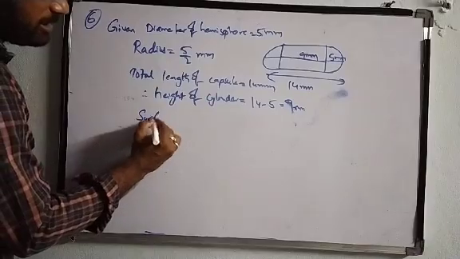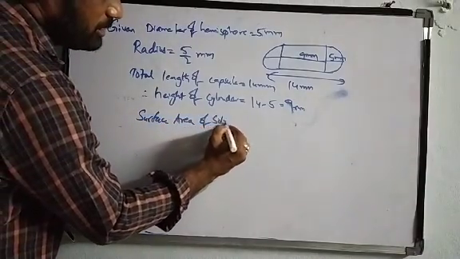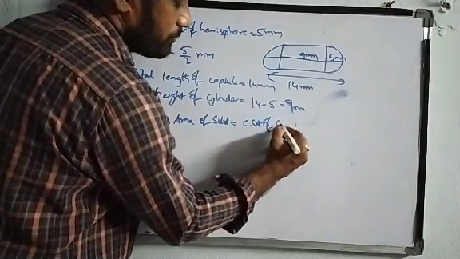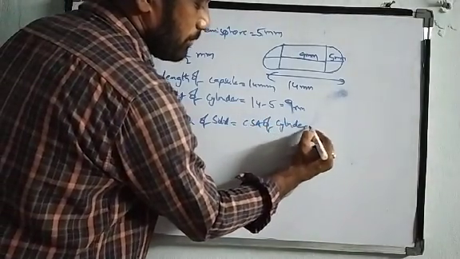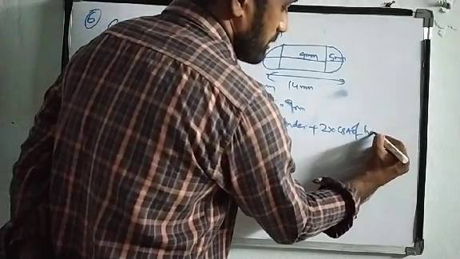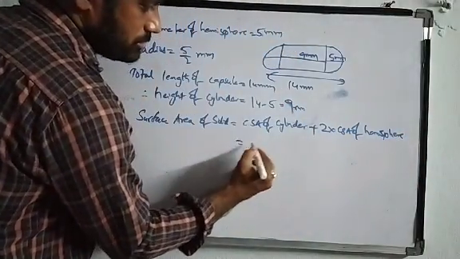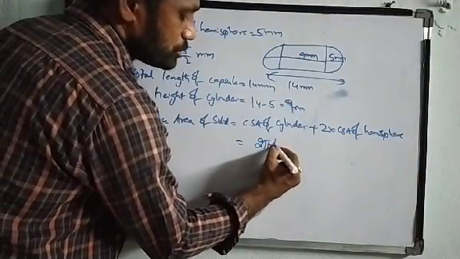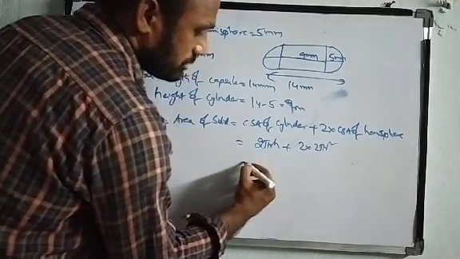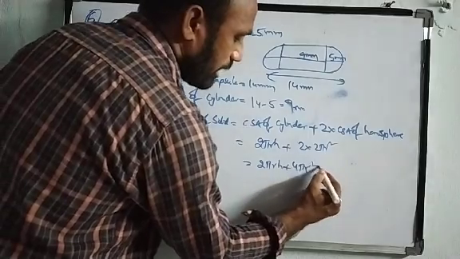Therefore, the surface area of the resulting solid is equal to the curved surface area of the cylinder plus 2 into the curved surface area of the hemisphere. So the curved surface area of the cylinder is 2 pi rh plus 2 into 2 pi r square, so 2 pi rh plus 4 pi r square.